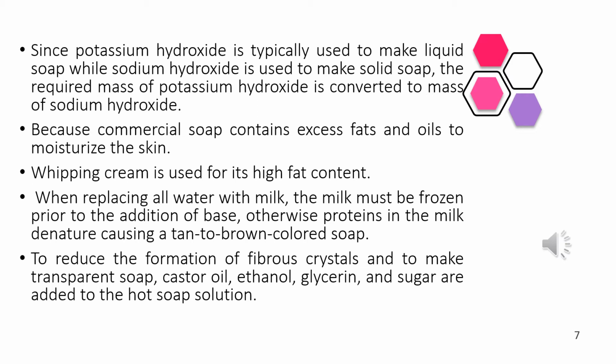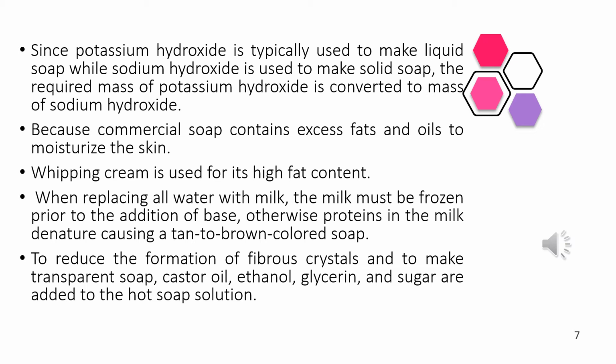Whipping cream is used for its high fat content. Whipping cream consists of high fat content, and it is used in the formulation of soap. It also gives a moisturizing effect to the skin. When replacing all water with milk, the milk must be frozen prior to the addition of paste. Otherwise, proteins in the milk denature, causing a tan to brown colored soap.